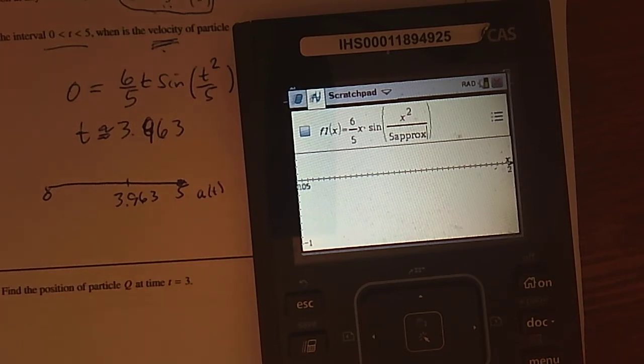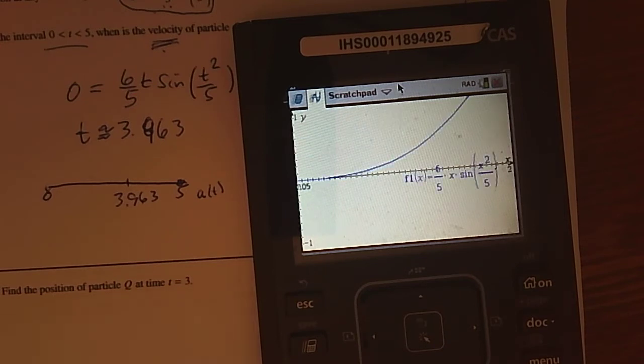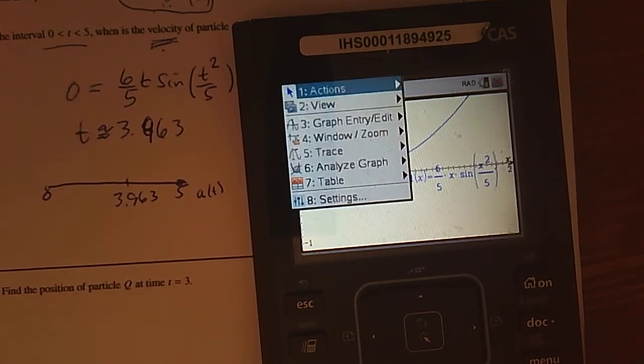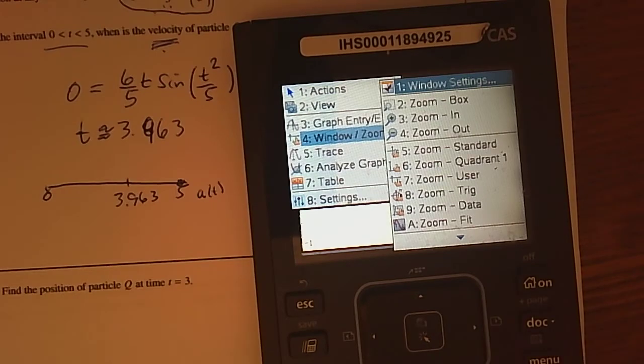Oops, what did I do wrong? X squared over 5, and then graph. I'm going to change the window from 0 to 5.